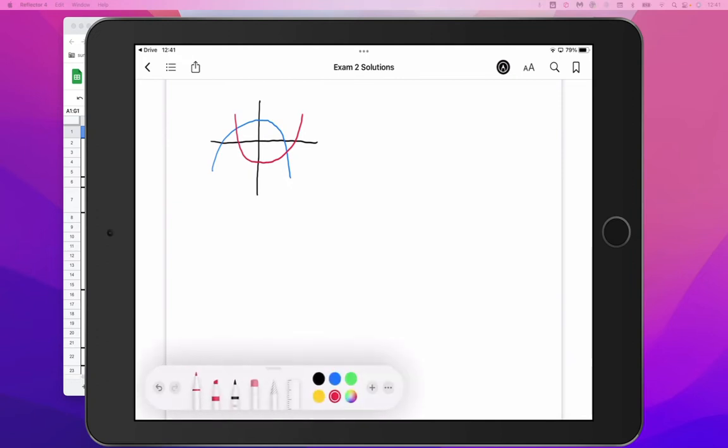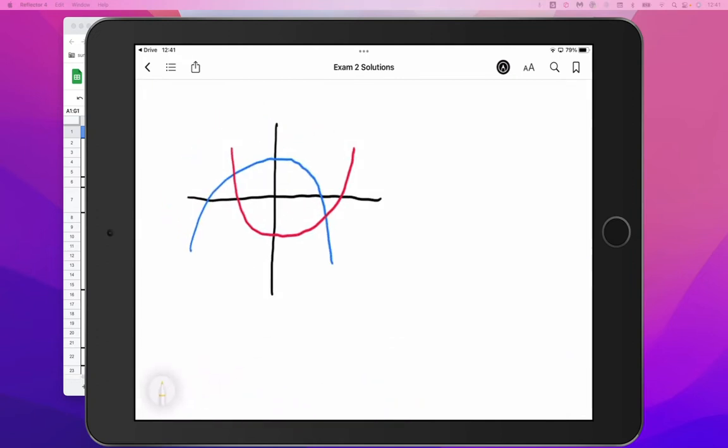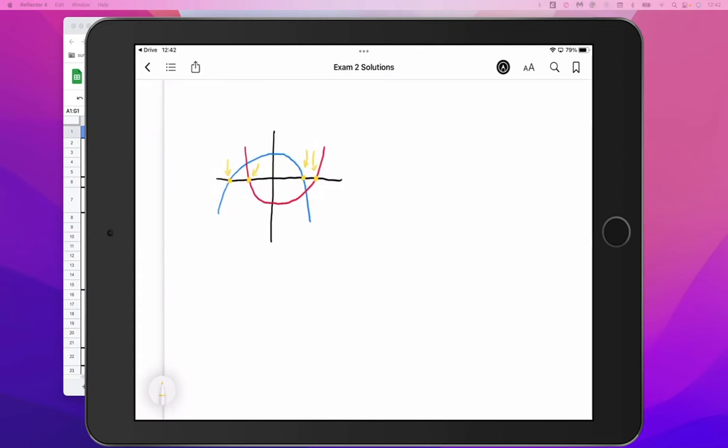The thing to understand at this point is that when these blue or red lines cross the x-axis, that is what we consider to be a solution to a quadratic equation. What you'll notice about all of these solutions is that the y value there is equal to 0, meaning that the blue or the red line is crossing the x-axis.